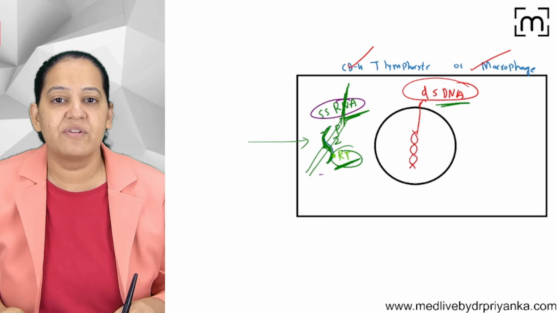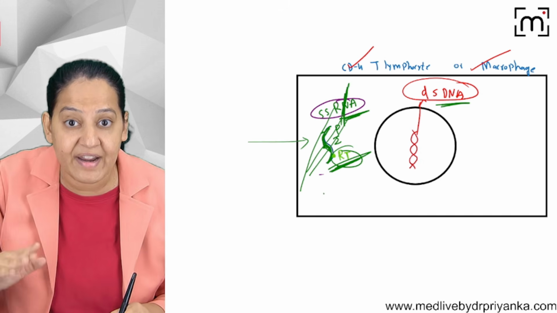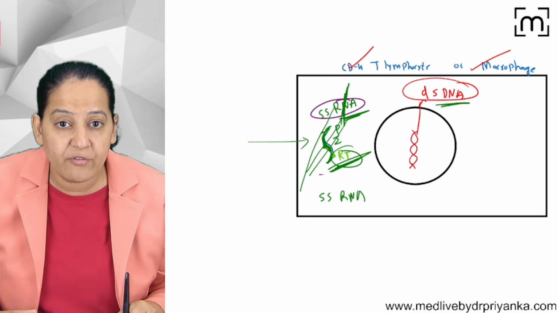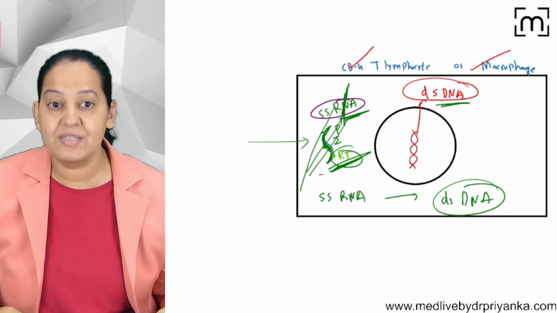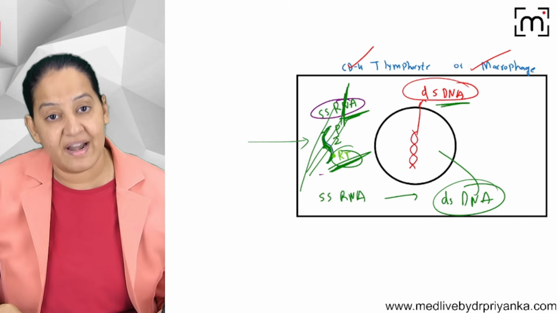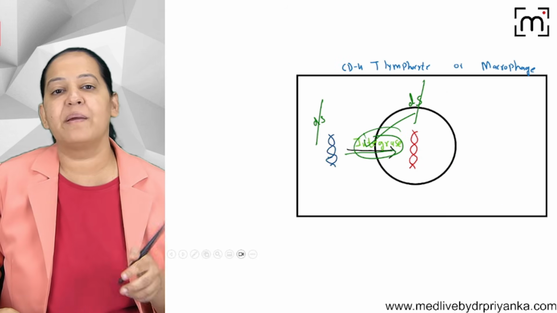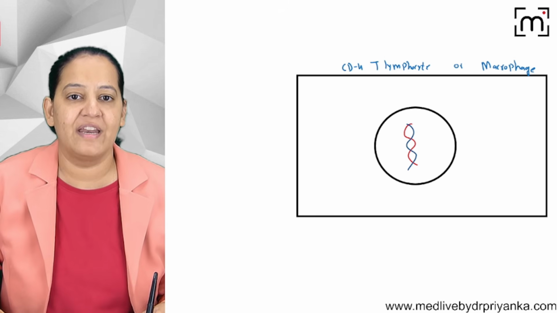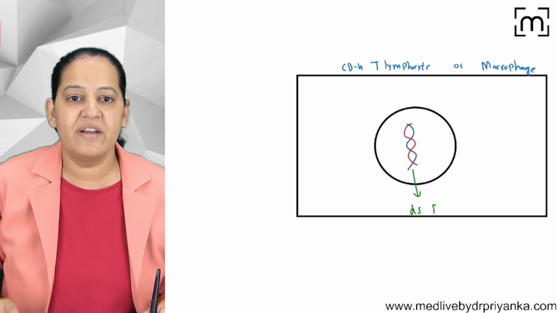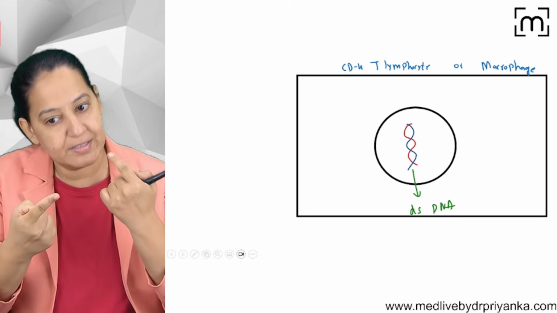The first enzyme was reverse transcriptase, which converted the single-stranded RNA of the virus into double-stranded complementary DNA so that it can enter the nucleus of the host cell and integrate. Now you can see integration. In the double-stranded DNA, one strand is of the virus and one strand is of the host cell.